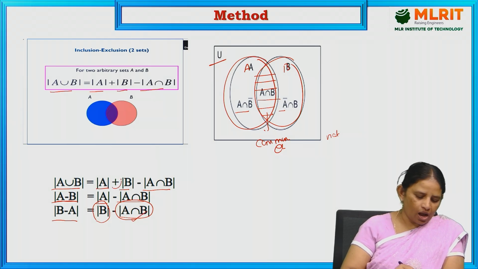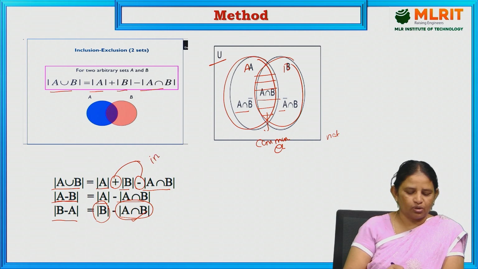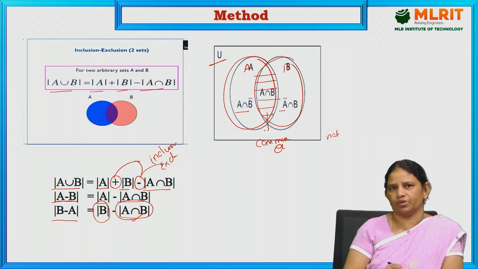So we need to add as well as subtract. That's why it is called inclusion and exclusion. If required, we have to include. If not required, we have to exclude those elements from the given set.